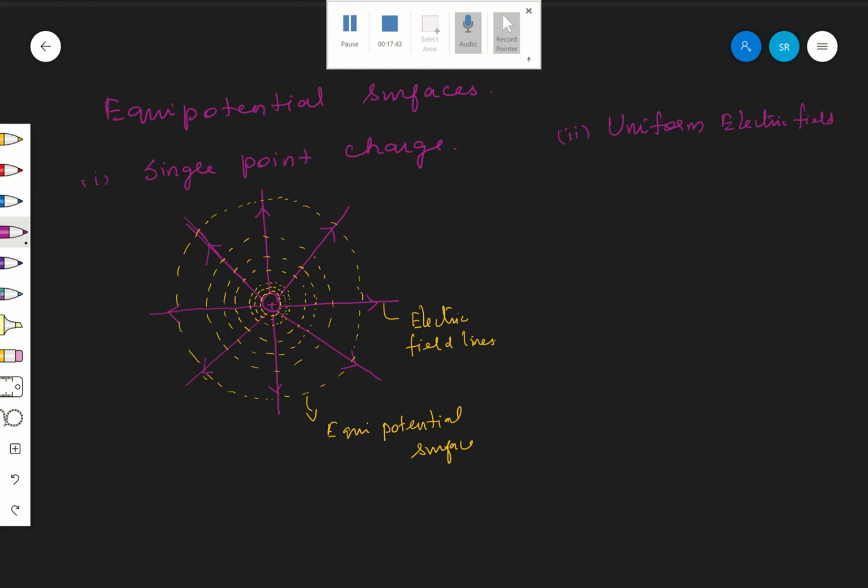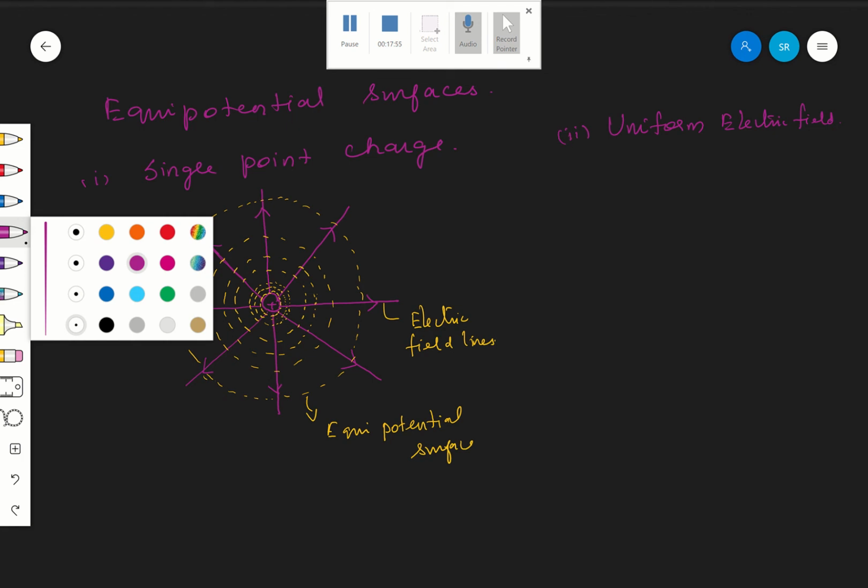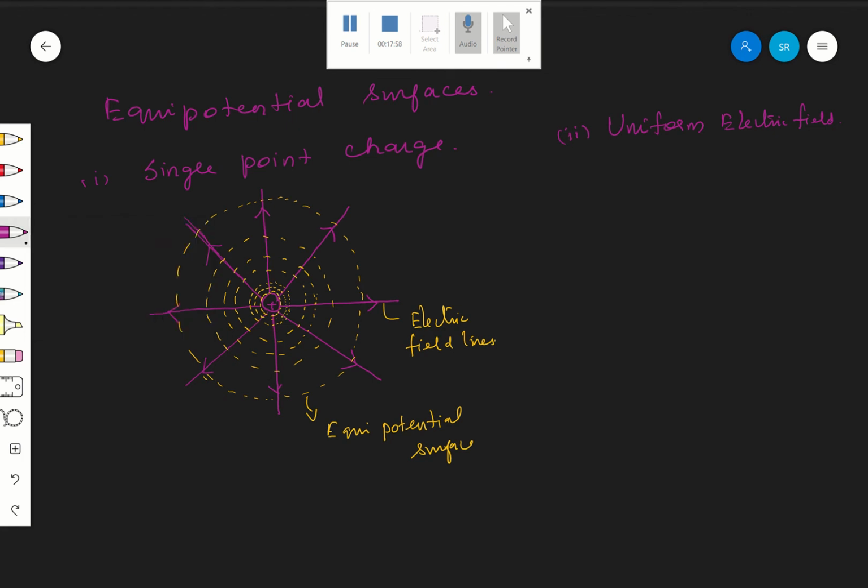For a uniform electric field, first you draw the electric field lines, then you go for the equipotential surface, right? Therefore, how to draw the electric field lines for a uniform electric field? Parallel, equidistant lines, we have already seen, right?